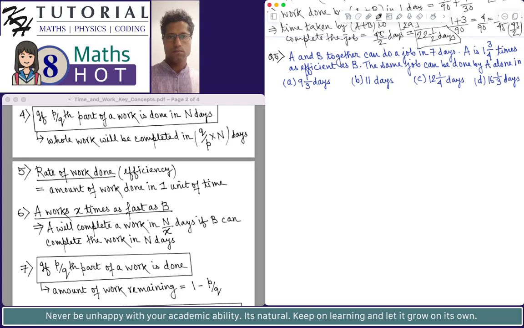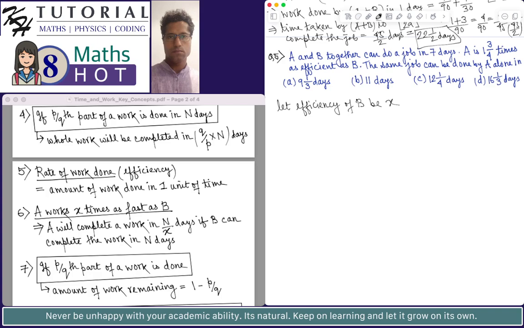Now since it is given that A is 1 and 3/4 times as efficient as B, let's assume the efficiency of B be X. Now efficiency is basically amount of work done in one day, which should be a fraction.